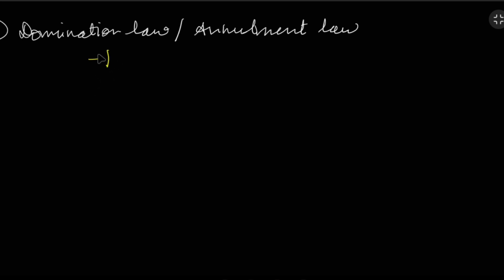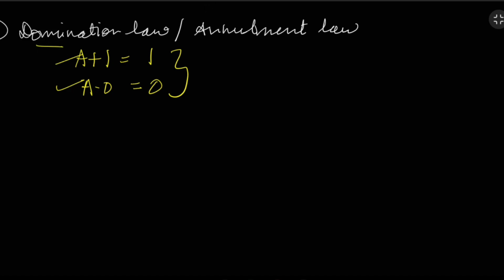Because this one will dominate the OR operation. A or 1 will be 1. Now you can notice that 1 will dominate the OR operation, and 0 will dominate the AND operation. That is why it is called the domination law.